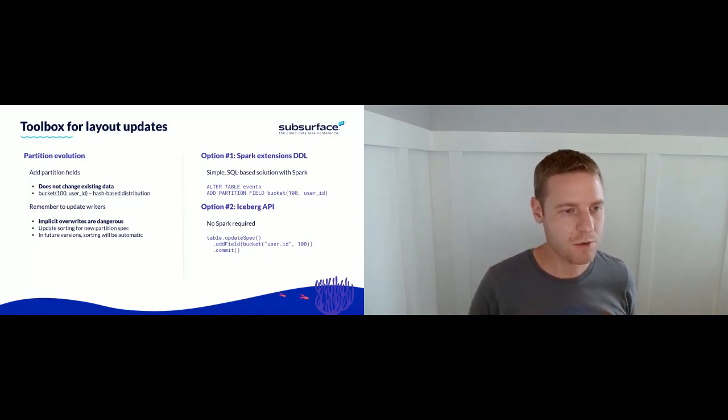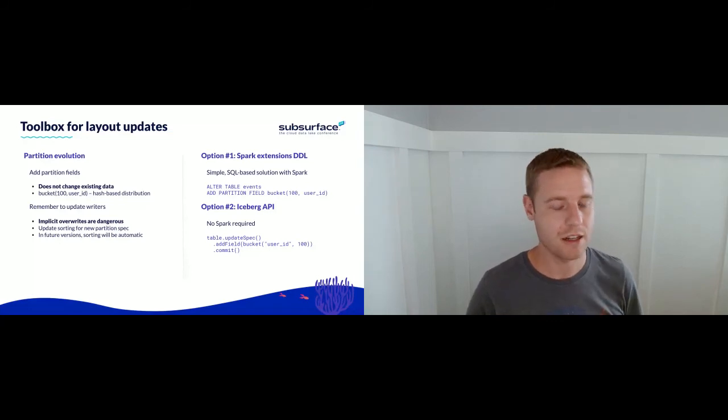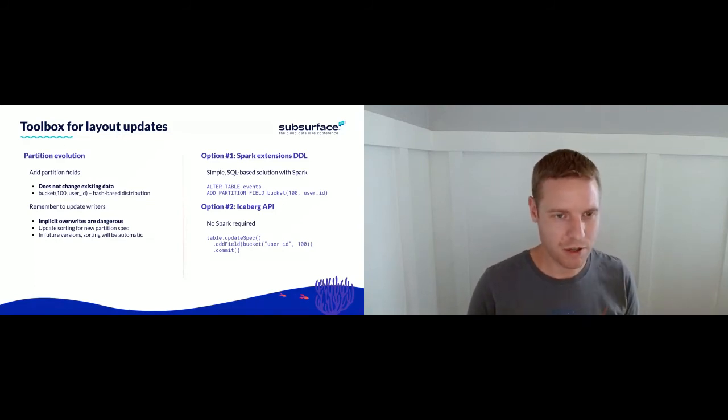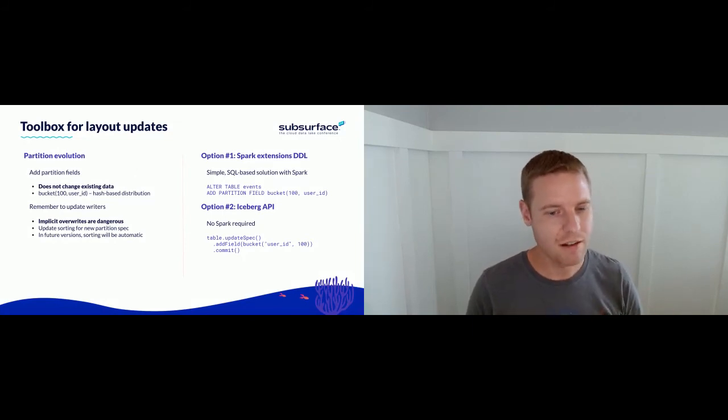The second option, again, is to fall back to the Iceberg API, load a table through your catalog and say updateSpec, addField bucket(user_id, 100), and then commit that change. All of a sudden, now you have a partition spec that is used by default for the next set of writes that will do this correctly. Again, make sure your writes are aligned with the partitioning of your table, but overall this should work out.